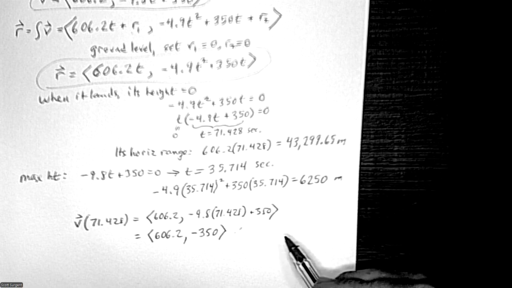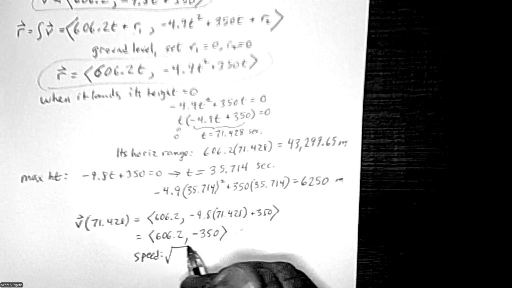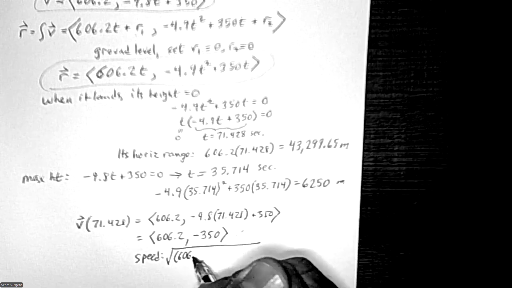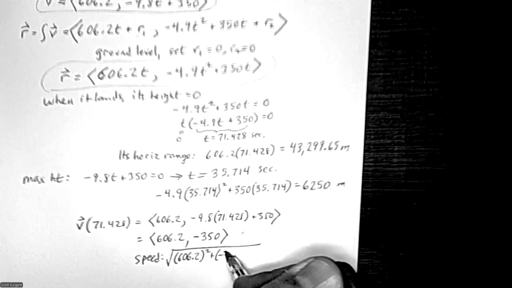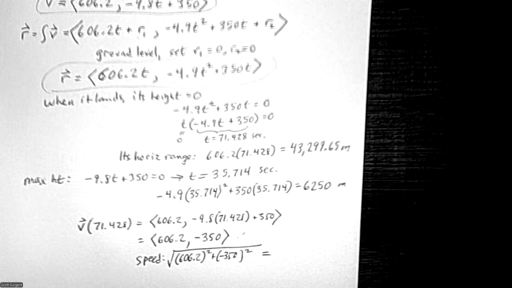And so the speed is the magnitude. Now the negative will square away. And actually it worked out to be, I get 699.98.